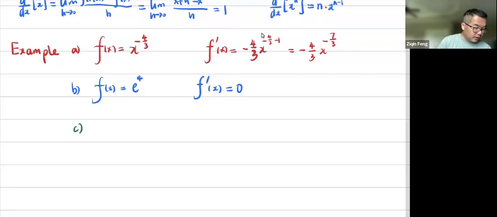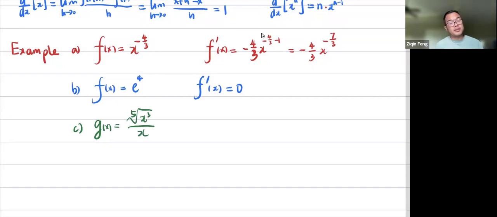One more example: we have g of x equal to the fifth root of x cubed, over x. In this case, we have a fraction of power functions. Keep in mind, we don't have a rule to differentiate both numerator and denominator; we only have the power rule. So the first step is to write your function as a single power function.